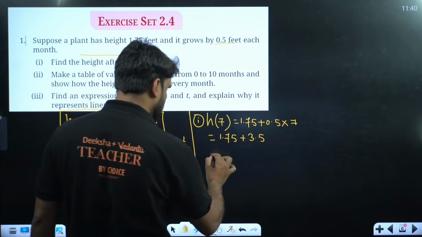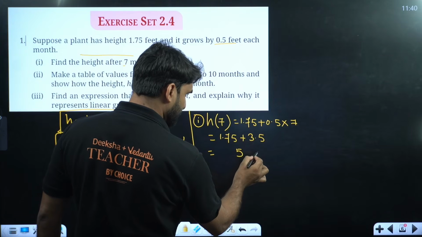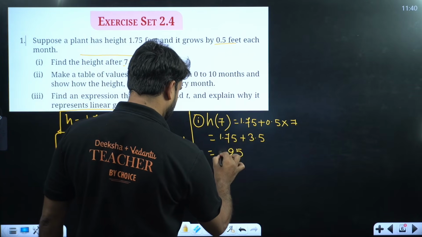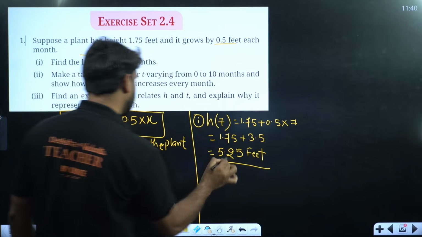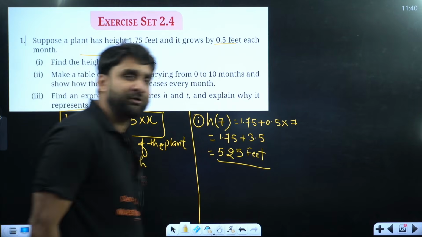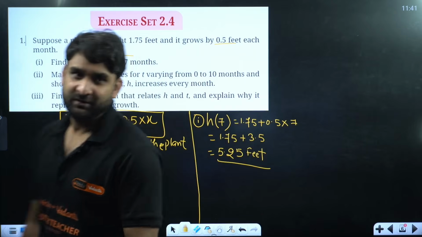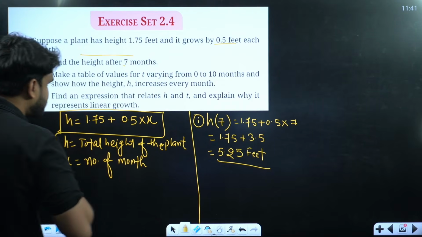Now solve this: 5 and 5 is 10, and 7 and 5 is 12, 2 carry 1, 3 and 1 is 4, and this is 5.25 feet. This is the answer: 5.25 feet will be the height of the plant after 7 months. I hope this is clear to you all, everyone.